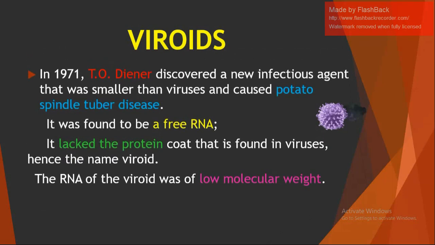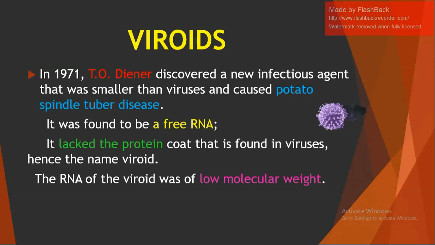In 1971, the scientist T.O. Diener discovered a new group of infectious agents which were smaller than viruses, which caused the disease called potato spindle tuber disease.